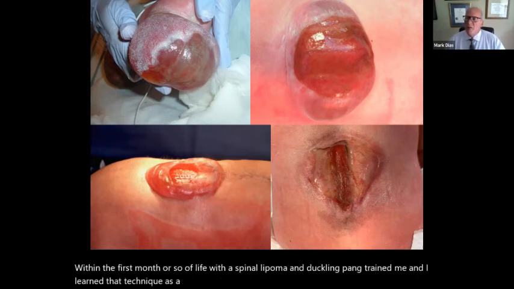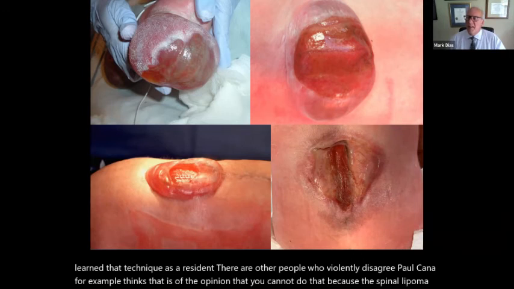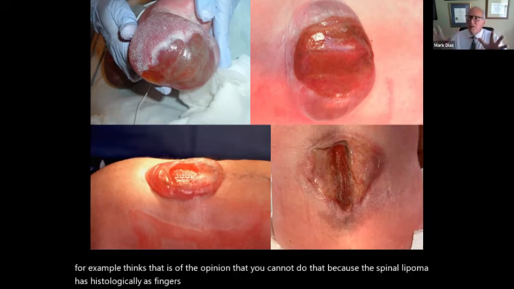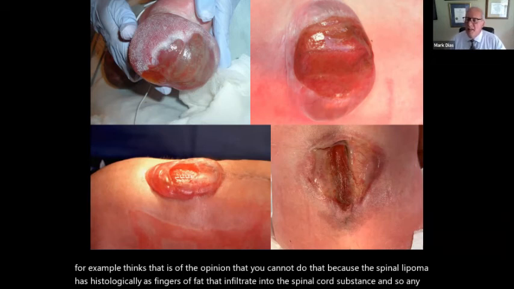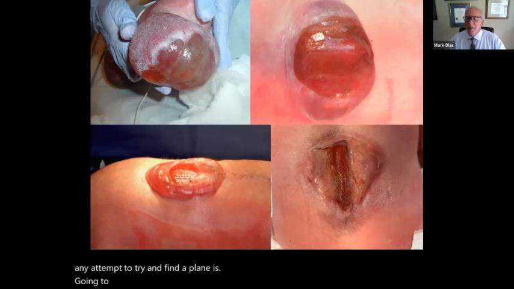There are other people who violently disagree. Paul Kanev, for example, is of the opinion that you cannot do that because the spinal lipoma histologically has fingers of fat that infiltrate into the spinal cord substance. And so any attempt to try and find a plane is going to be fraught with disaster.